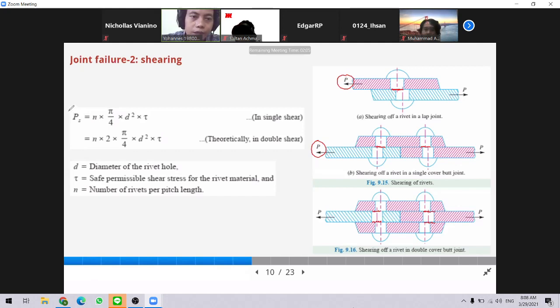So the maximum load that can be applied on the joint based on this shearing failure depends on the number of rivets in a single pitch.